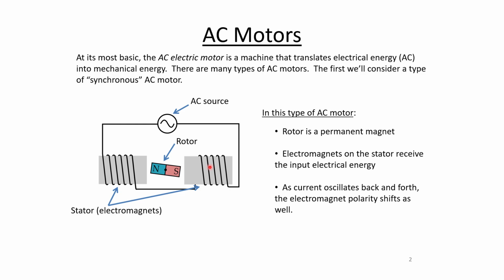Okay, so let's get an idea of how that alternating current causes an alternating magnetic field on the stator, which then causes the rotor magnet to follow that oscillating magnetic field.